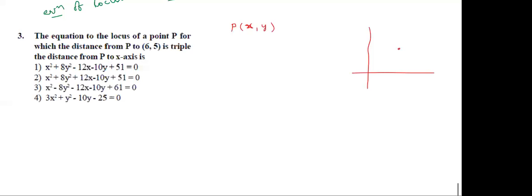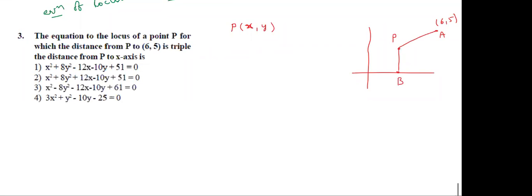This is point P. Somewhere 6 comma 5 is there, think of it as A. Now on the x-axis one point is there, this is B. PB and PA.